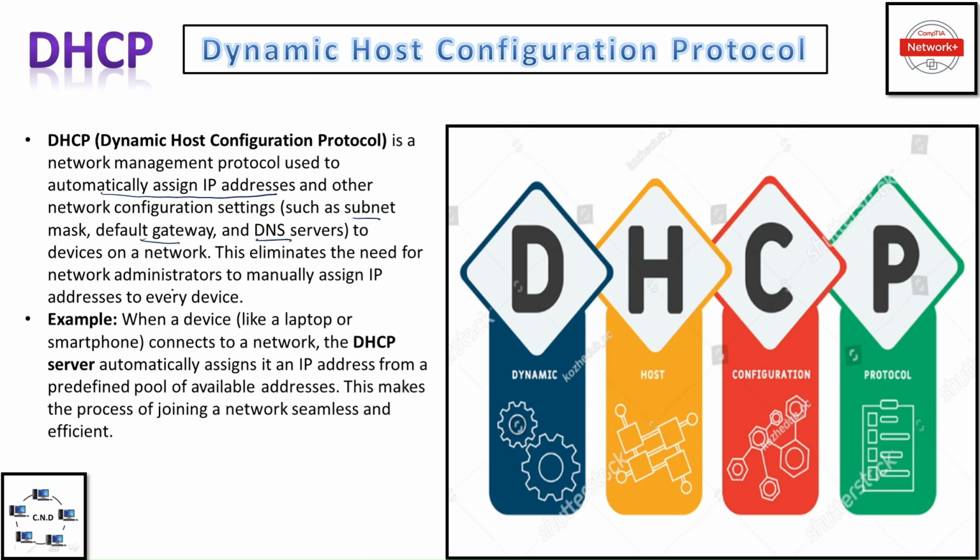This eliminates the need for network administrators to manually assign IP addresses to every device. For example, when a device like a laptop or smartphone connects to a network, the DHCP server automatically assigns it an IP address from a defined pool of available addresses. This makes the process of joining a network seamless and efficient.